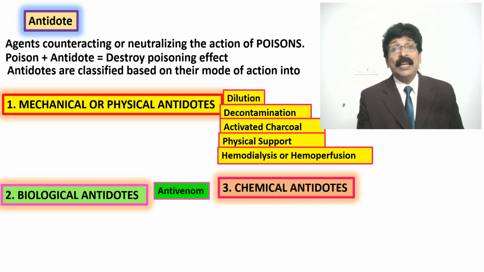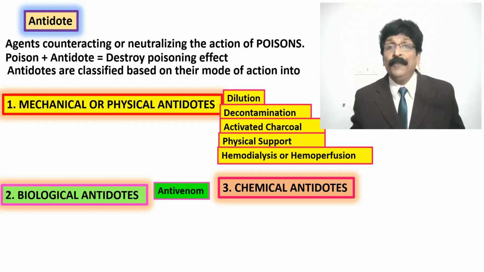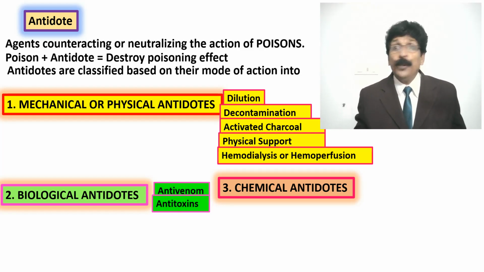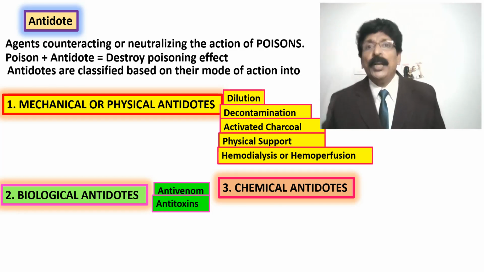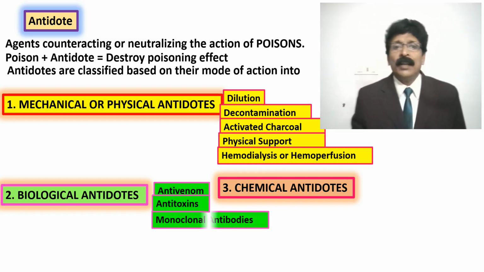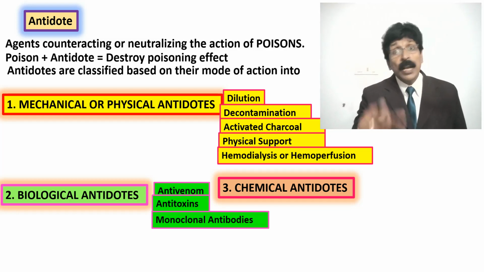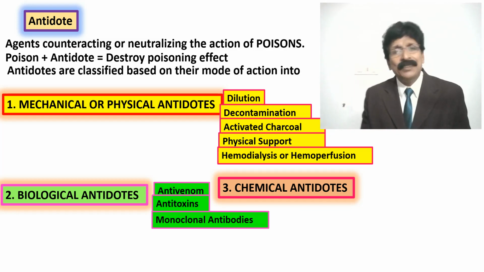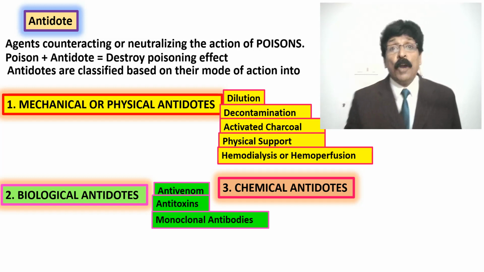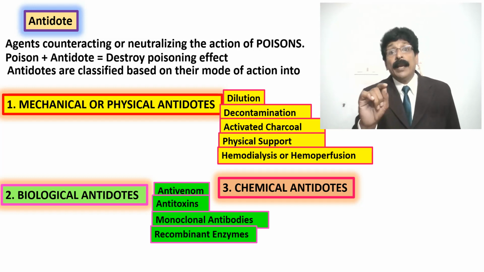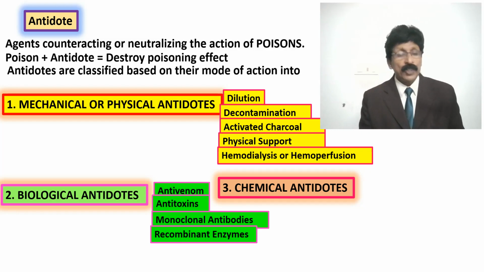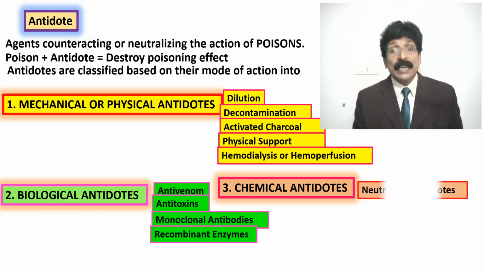Biological antidotes: we know anti-venom, we know anti-toxins, TT, available from very long back, and monoclonal antibodies, specifically acting towards the venom, towards the antigens, and recombinant enzymes. So these are biological antidotes.